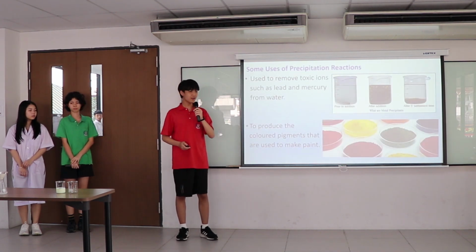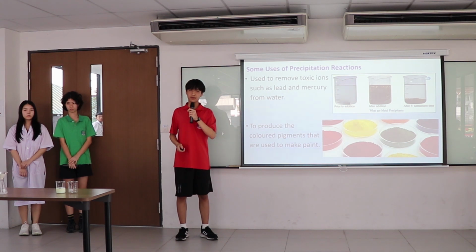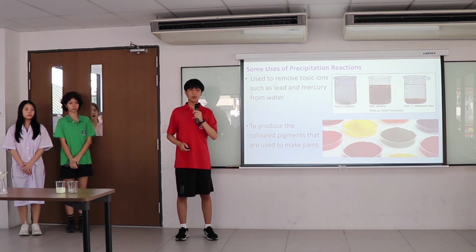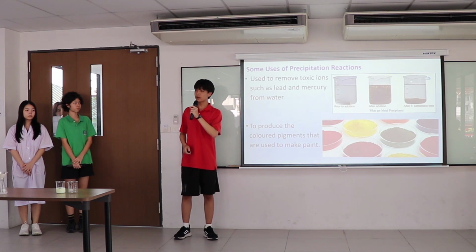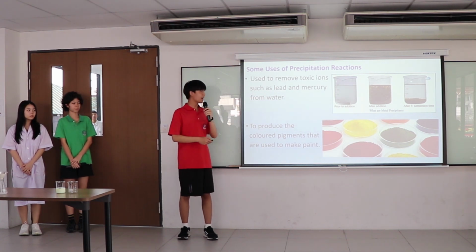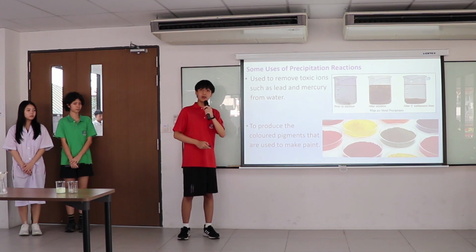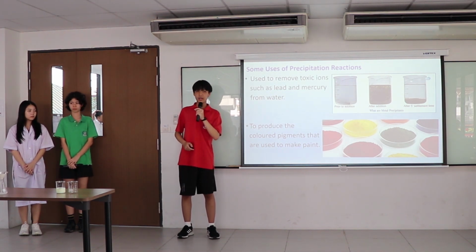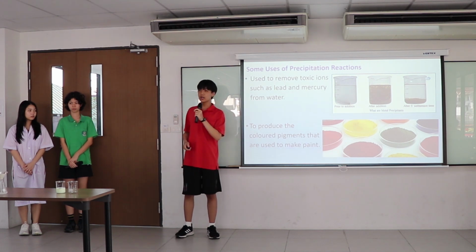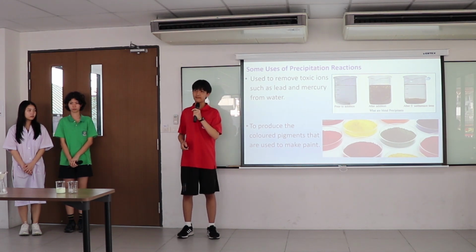So now I'm going to talk about some of the uses of precipitation reactions and why it is very important. Precipitation reactions are used to remove harmful substances from water, such as lead and mercury. Lead is a very toxic material, which when we drink in contaminated water, it could end our brain development.